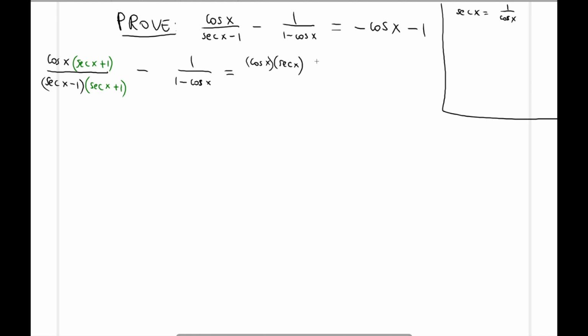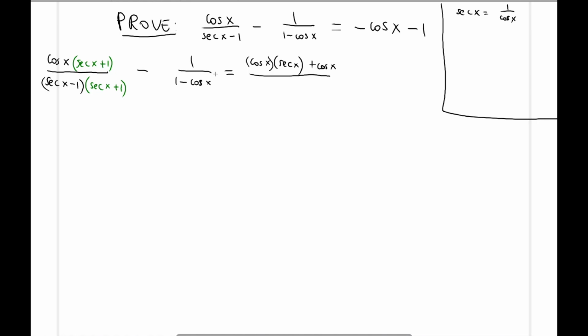Plus cosine x, of course, on the top, divided by, and here it's very important. Notice that using the FOIL method, why is the conjugate powerful? The reason I'm using the conjugate is that my goal is to get the last product as -1, the first product as secant squared x, and the middle two terms using the FOIL method will go away because of the plus and the minus.